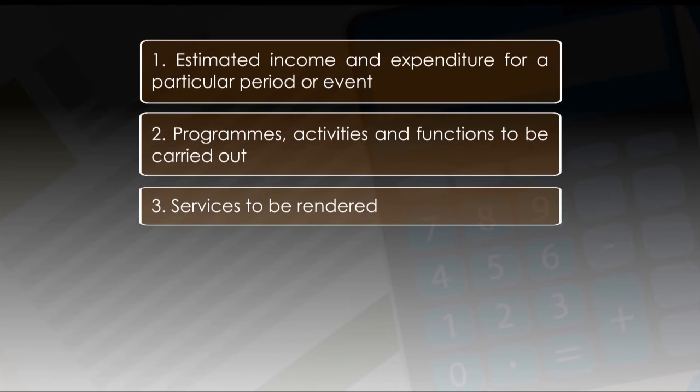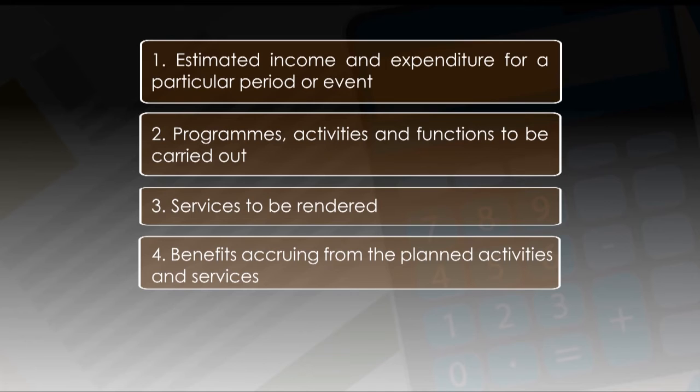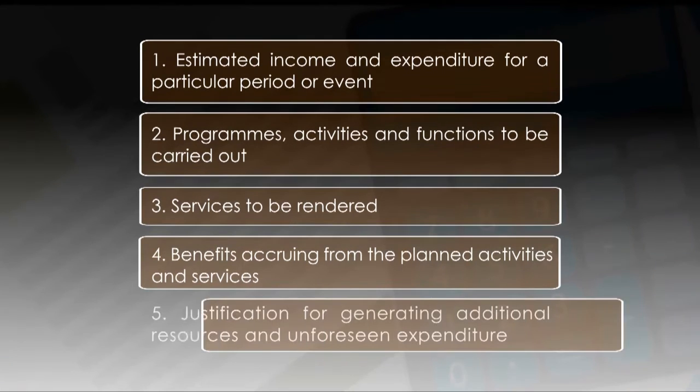Number 3, services to be rendered. Number 4, benefits accruing from the planned activities and services. And number 5, justification for generating additional resources and unforeseen expenditure.